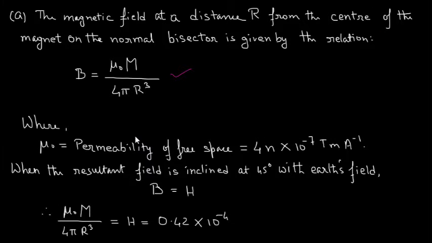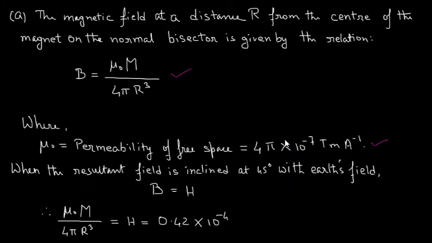Where mu naught is equal to permeability of free space, which is equal to 4 pi multiplied by 10 to the power minus 7 T m A inverse.